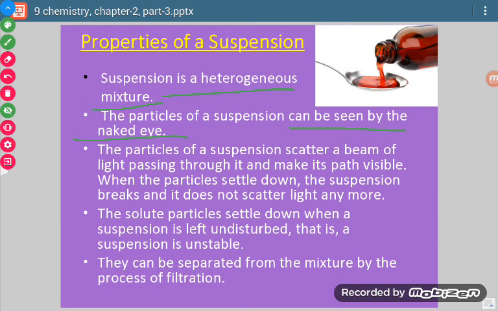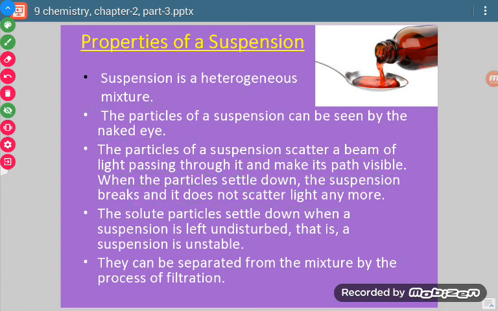What does it mean? It means a suspension shows the Tyndall effect. Solution particles do not show the Tyndall effect, but suspension particles show the Tyndall effect. Tyndall effect is the scattering of light when light passes through a suspension.